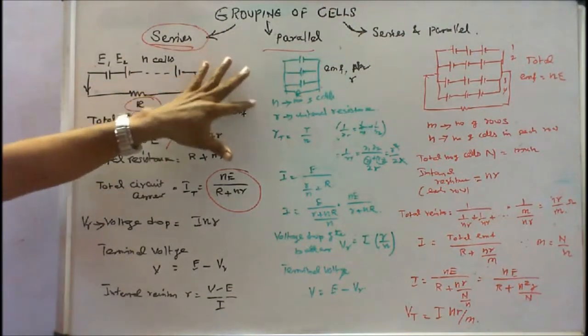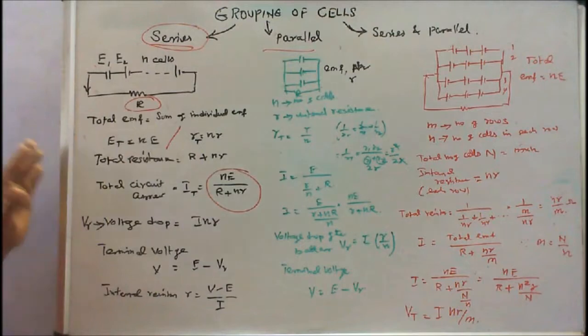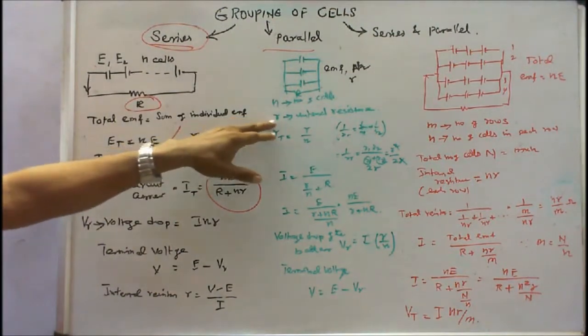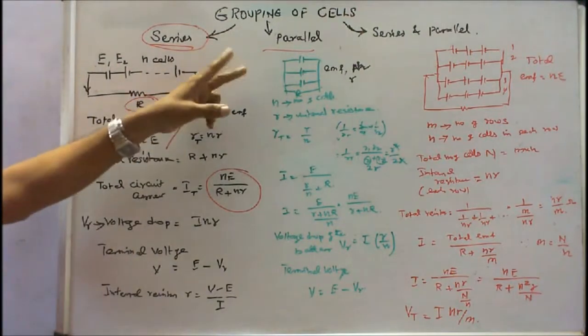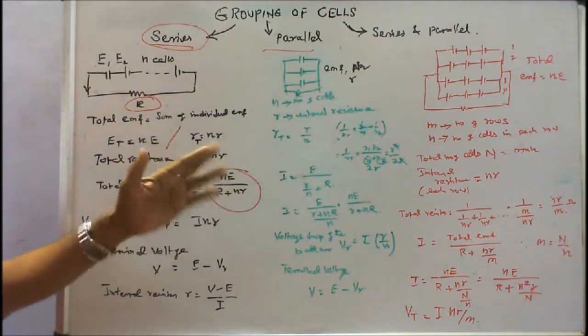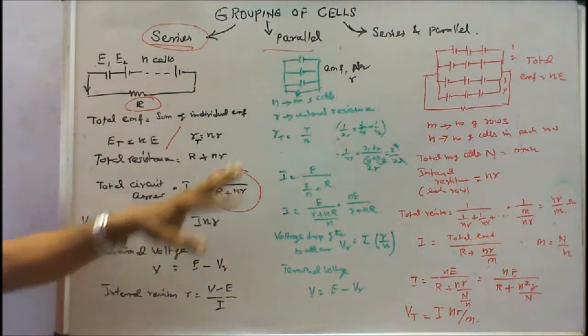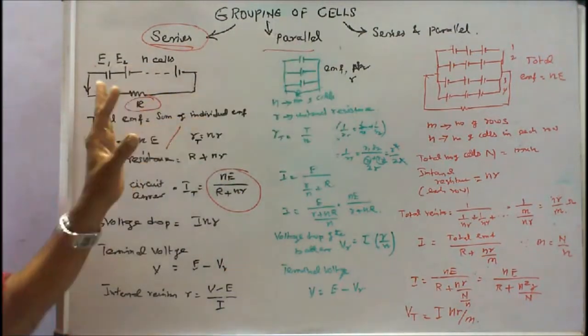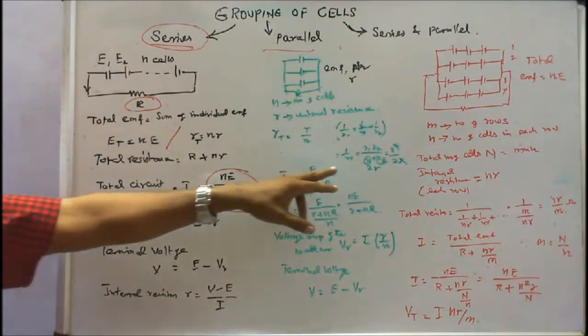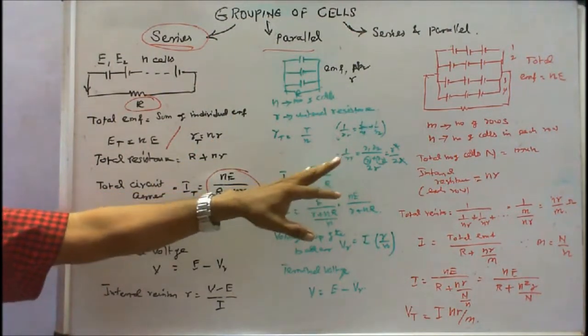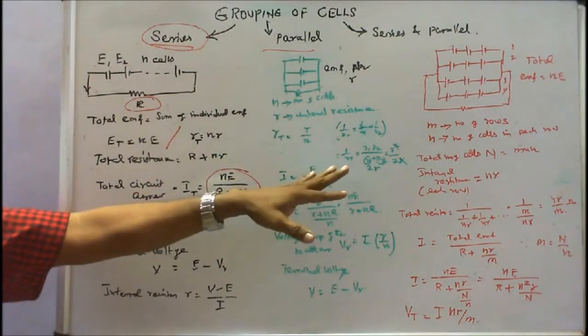If I am connecting n number of cells in parallel, where r is the internal resistance. When I am connecting two cells, the resistance is R1 into R2 divided by R1 plus R2. Here the condition is r should be the same. Then only we can connect in series or in parallel. Here, when R1 is equal to R2, I will get r square by 2r.